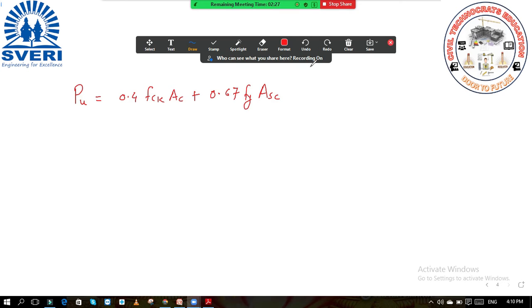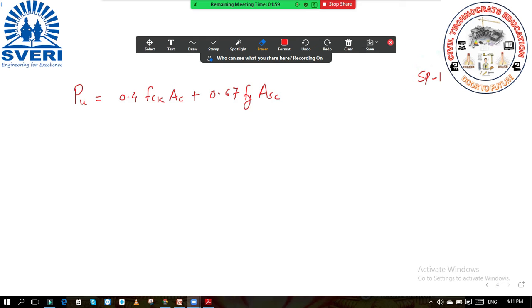For that, along with IS 456, you need to use the SP16. This is also one code, we can say, SP16. You will have to use this along with IS 456 2000. And then you are going to design that column.